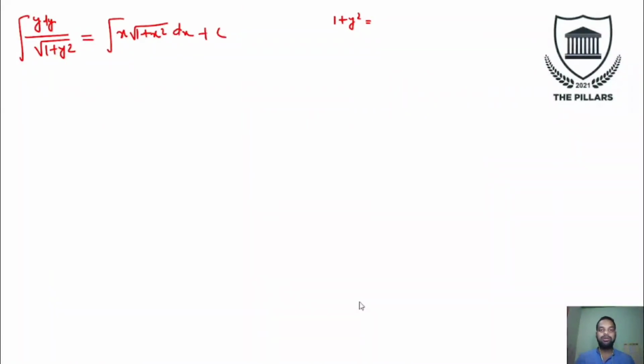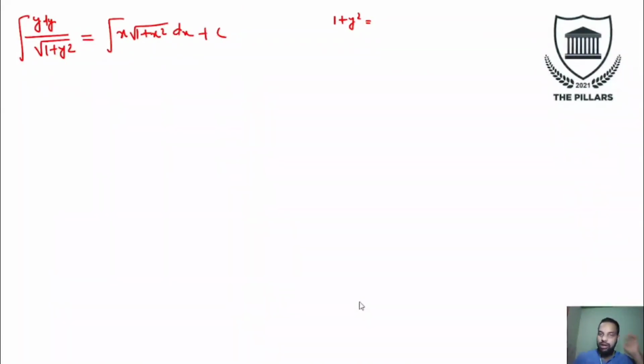Now, the equation was integral of y dy divided by under root 1 plus y square is equal to integral of x under root 1 plus x square dx with an arbitrary constant.